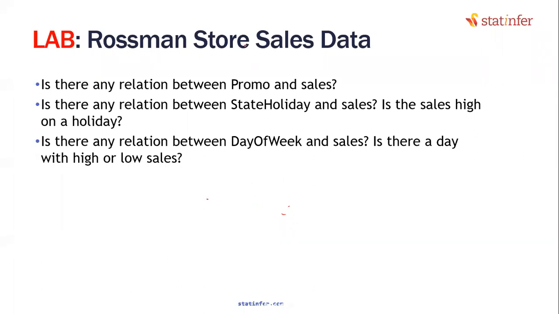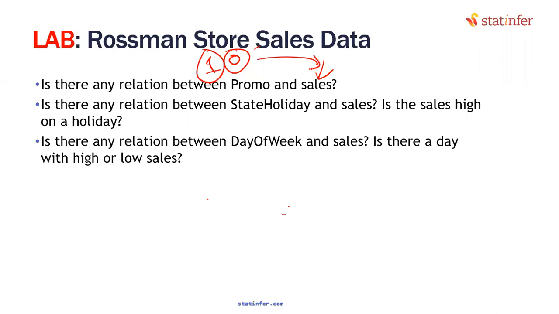Is there any relationship between promotion and sales? There is something called promotion indicator, or promotion, that we are giving. That means there are some discounts that are run. Is there any relationship between promotion, which happens to be a categorical variable, promotion yes or no, or maybe promotion has 2 or 3 categories? I think it has only 2 categories: promotion running 1, promotion not running 0.